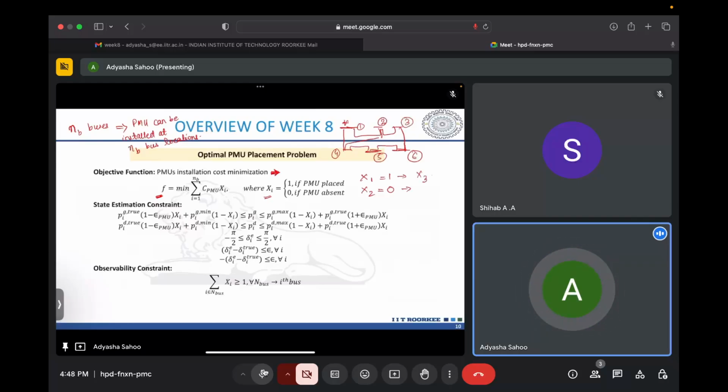Similarly, X3 is 0, again no PMU at 3, no PMU at 4, and at 5 also let's say there is no PMU, and at 6 it is 1. If I get a solution like this, I can tell that my PMUs are located at bus 1 and bus 6, and at the rest of the locations I have no PMU. So these X are binary decision variables that tell us whether you have the PMU installed at the location or not.